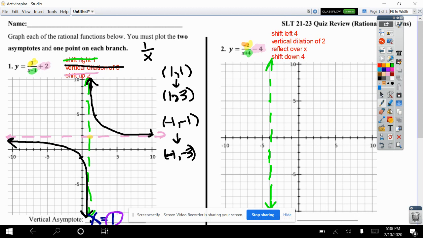It's really hard to draw the vertical ones in a straight line. So my shift left 4, that's taken care of. Again, I don't have to think about it again. Once I do my shifts with my asymptotes, I don't have to worry about the shifts anymore. Now I have my shift down 4. So if my original horizontal asymptote's at 0, my new one's going to be at negative 4.